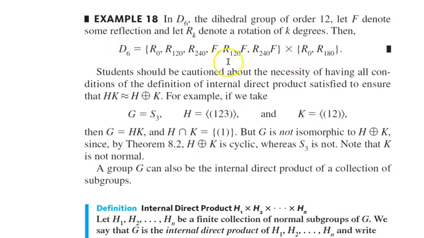We know that this group, R0 and R180, is actually the center of D6. For example, R60 is not present here or here, but R60 can be obtained this way. Multiply R120 by R180, you get R300, and the inverse of R300 is R60.